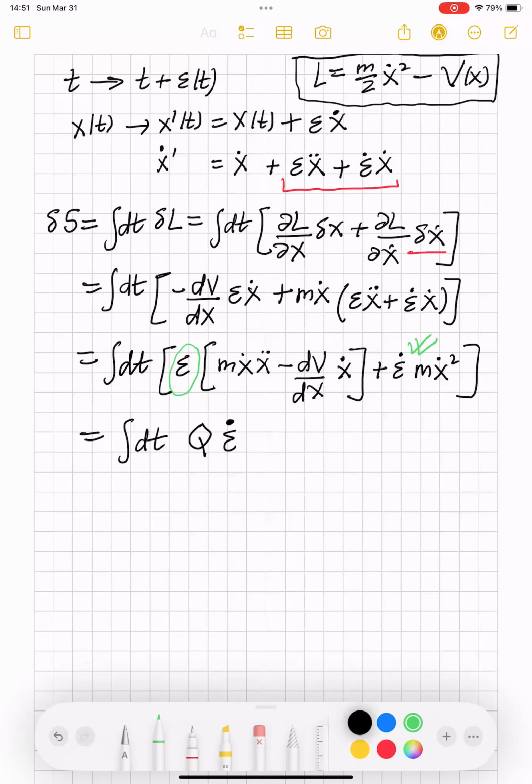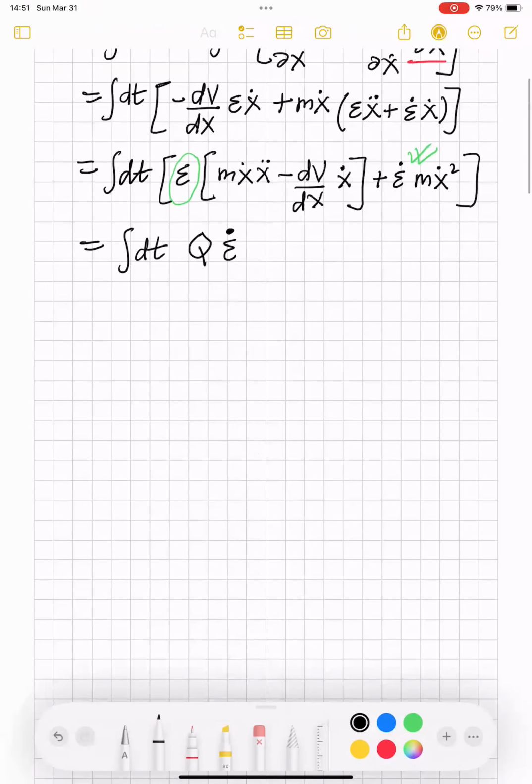To rewrite that, note the following. Let's maybe do it a little bit down below. So that term, we've got m x dot x dot dot minus dV/dx times x dot.